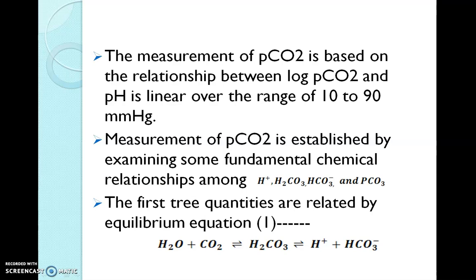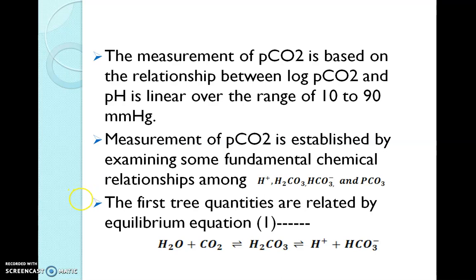The measurement of PCO2 is based on the relationship between logarithmic PCO2 and pH, which is linear over the range of 10 to 90 mmHg, which includes essentially all the values of clinical interest.